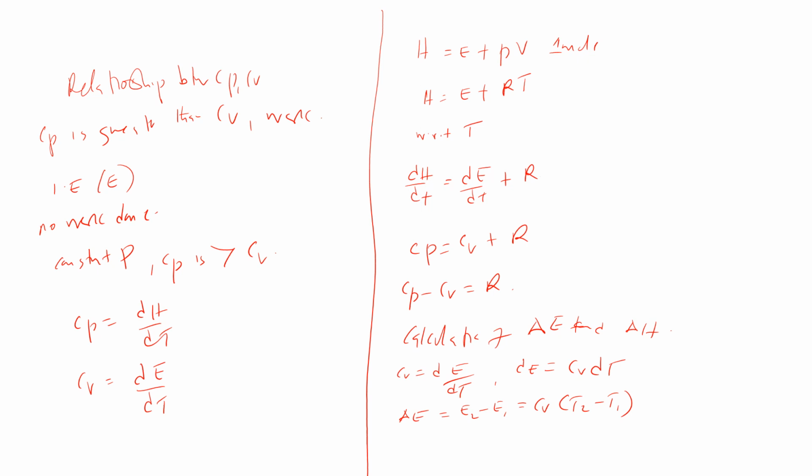And for a gas with n moles, we'll have delta E equal to E2 minus E1, which is equal to nCv into T2 minus T1.